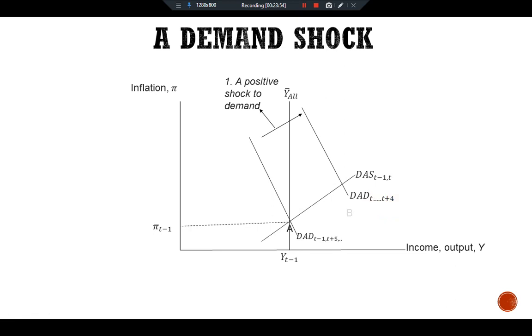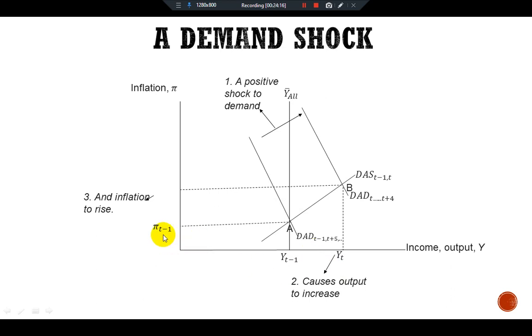So we have the economy at equilibrium at point B, with a rise in output from y t minus 1 to y t. This will also raise inflation from pi t minus 1 to pi t.